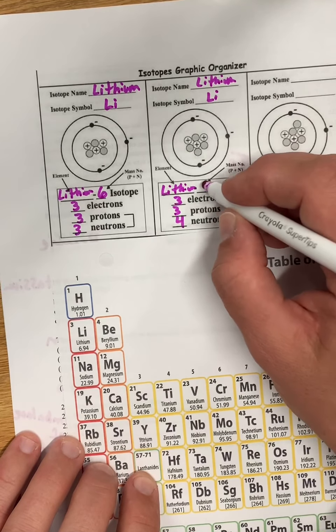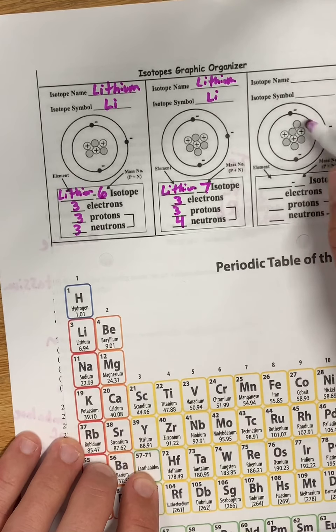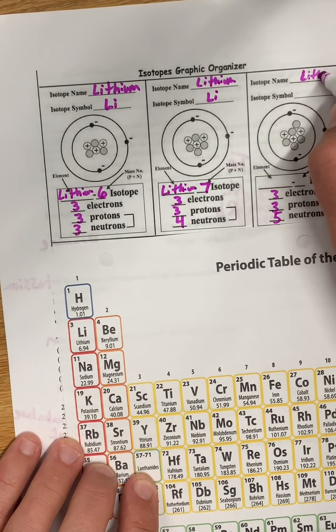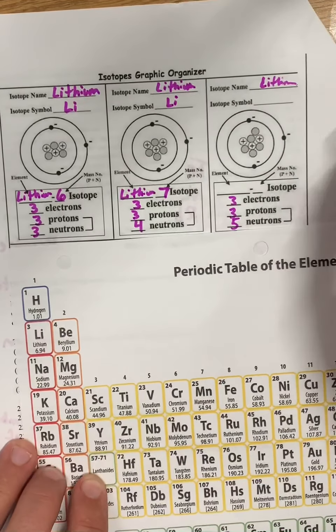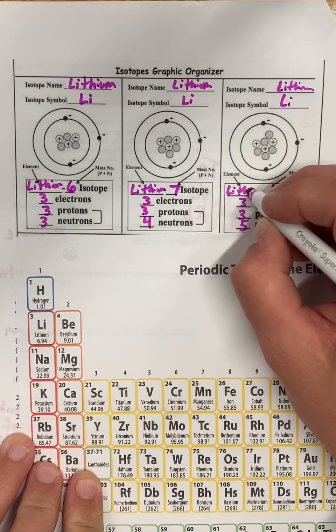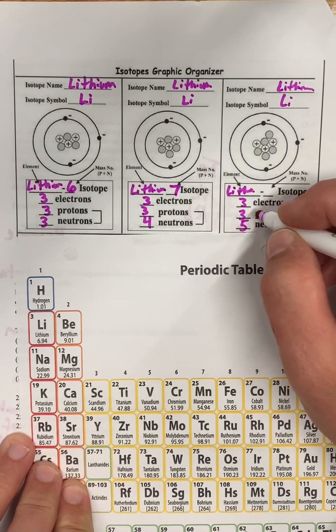So that's lithium 7. What about this one? 3 protons, 5 neutrons, and 3 electrons again. So again, lithium, the symbol is Li, and then we have lithium 8 this time.